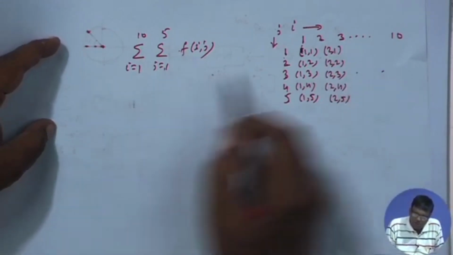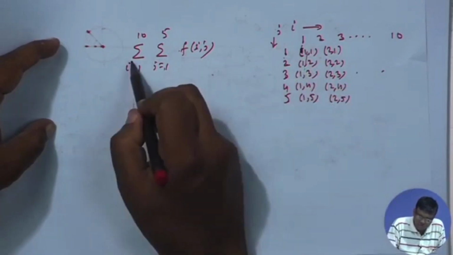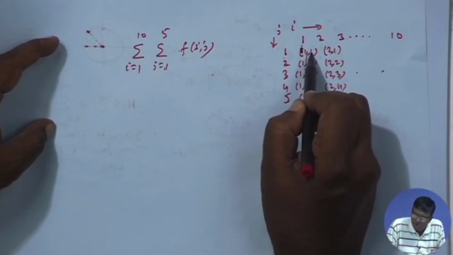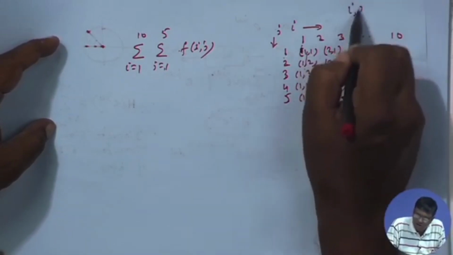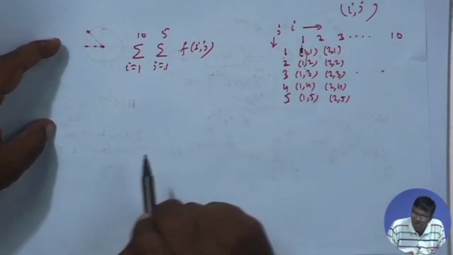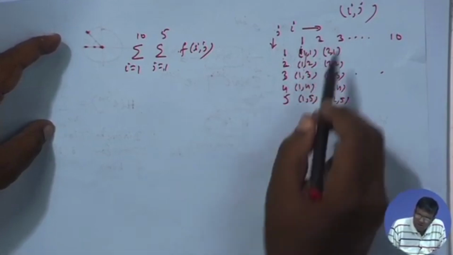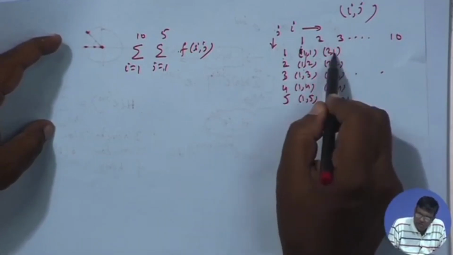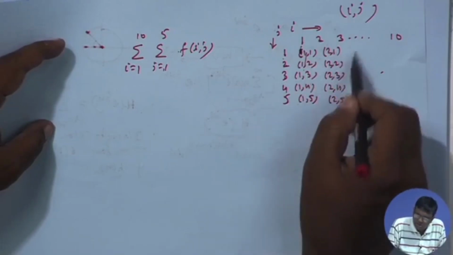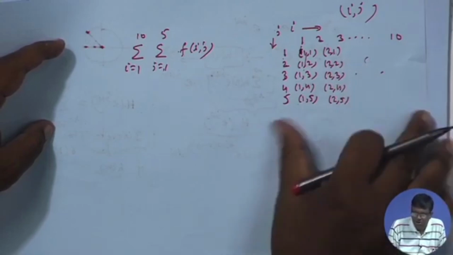In this summation, first you add this column, where i is fixed at 1 from outside and j is moving. I am writing it in the form i comma j, so the first value is i and the second value is j. First i is kept fixed at 1 and j is varying. Then I move to 2, and j is varying 1, 2, 3, 4, 5. So I add this column, then this column, then this column, and then I add those individual results over i.